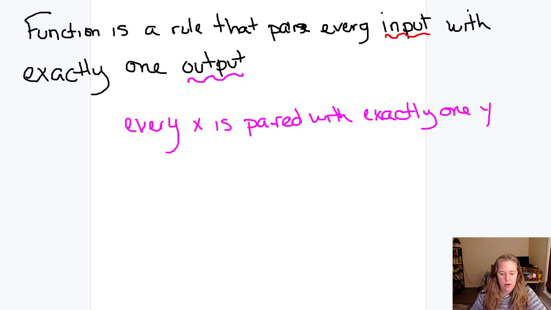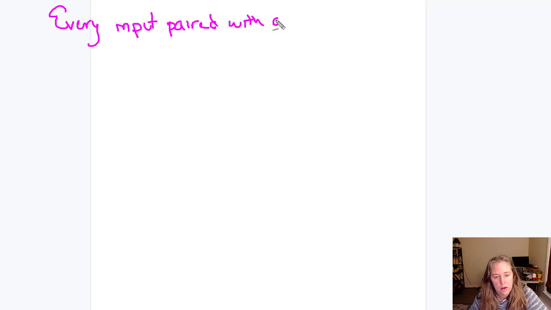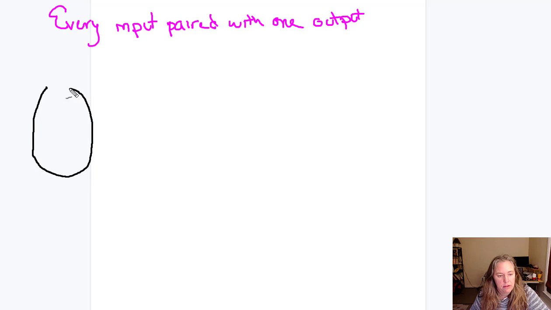Okay, so I'm gonna show you two different mappings. I'm gonna erase that. I'm gonna put it a little bit smaller up at the top. Every input is paired with one output. We're gonna look at two mappings. One of them is going to be a function and one of them is not. This one is going to be a function.